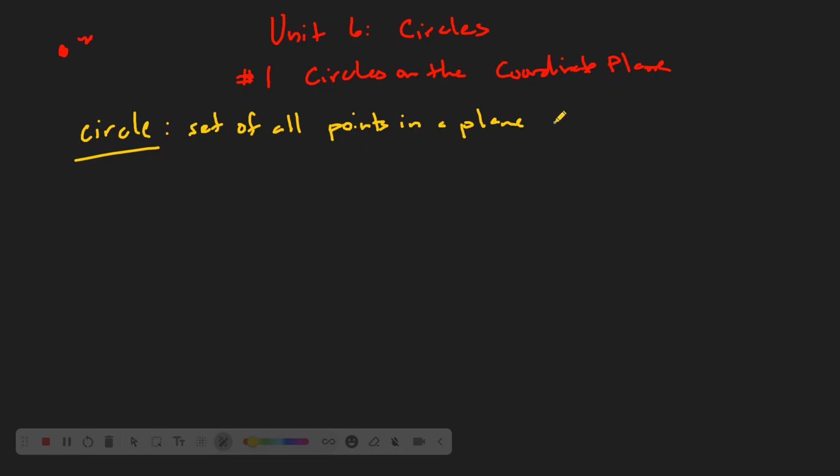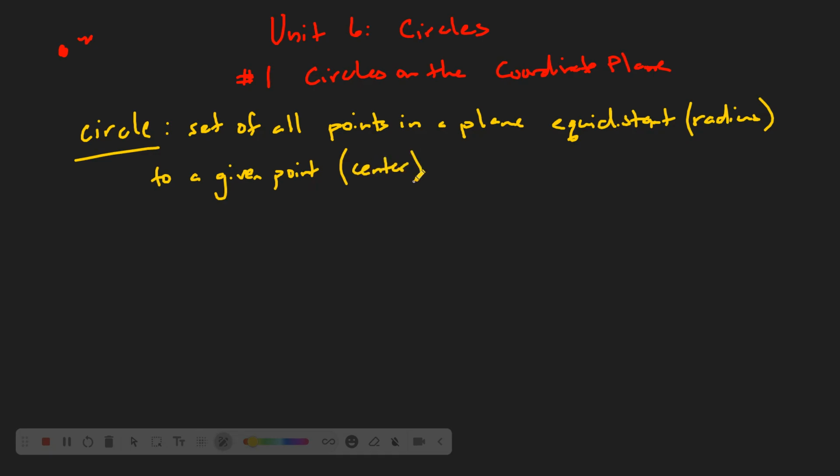In a plane, equidistant, and in parentheses, I'm going to put the word radius, to a given point. And in parentheses, I'll put the word center. So a circle is the set of all points in a plane equidistant (radius) to a given point (center).